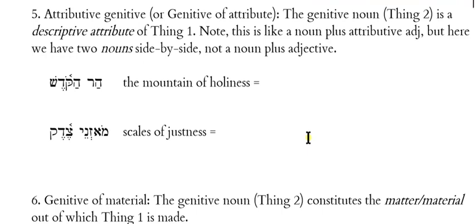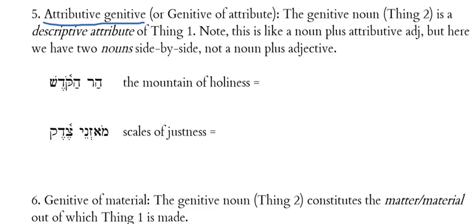Okay, number 5. We have an attributive genitive category, or a genitive of attribute. Here, in an attributive genitive, the second noun, thing 2, the genitive noun, is a descriptive attribute of thing 1. Now notice that this is like a noun plus an attributive adjective.